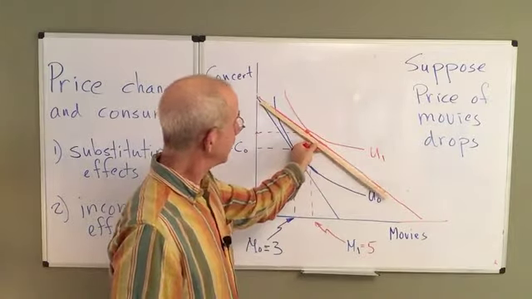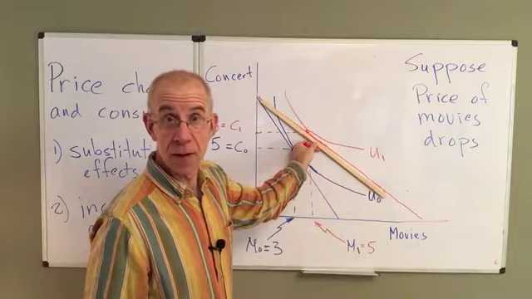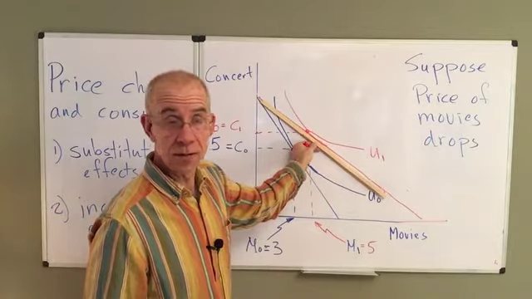The slope of this red line is the new relative prices of goods.